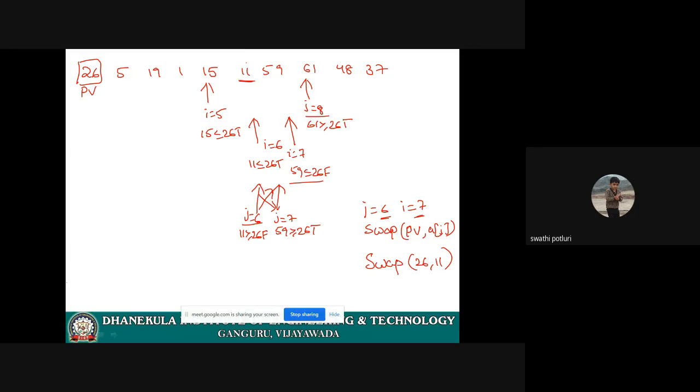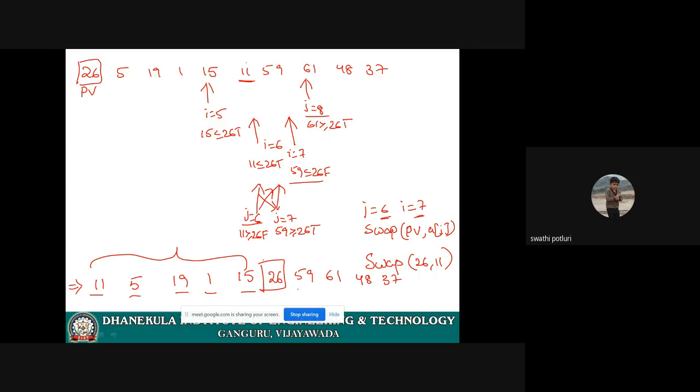So now what is the list obtained? Now we will get 11, 5, 19, 1, 15, 26, 59, 61, 48 and 37. So the pivot element is going to divide the list of elements into subarrays. All elements less than 26, 11, 5, 19, 1, 15, are placed into the left subarray.